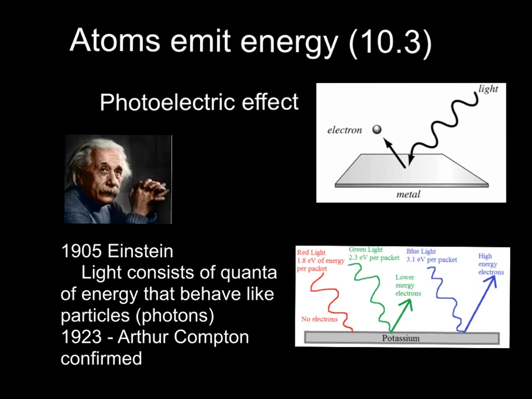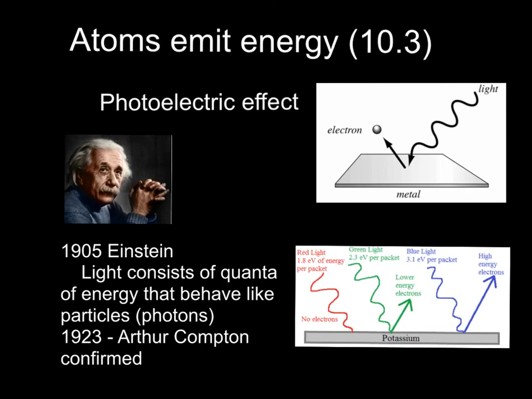See, at certain energies of light, scientists noticed that they could eject an electron from a piece of metal when they shone the light on the piece of metal. But not every light was able to do this. For instance, if you take a look here, red light was too weak to knock any electrons out. But green light and anything with a higher frequency than green light is capable of knocking electrons off of the metal.